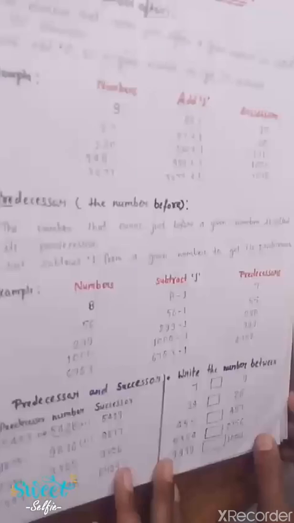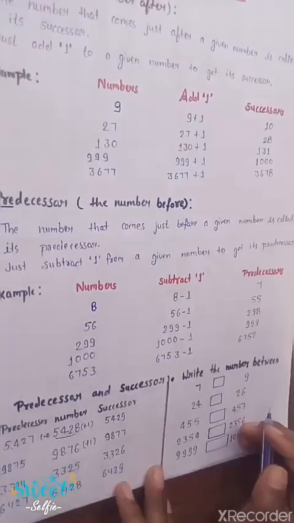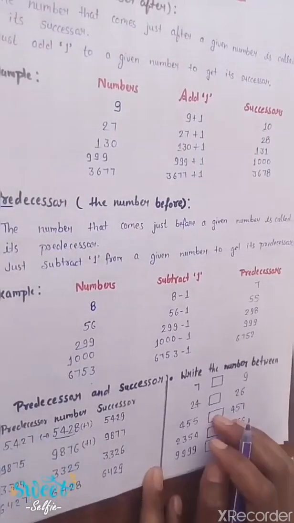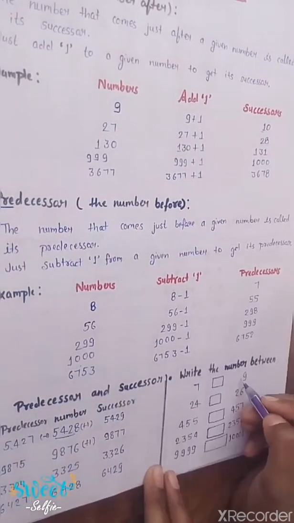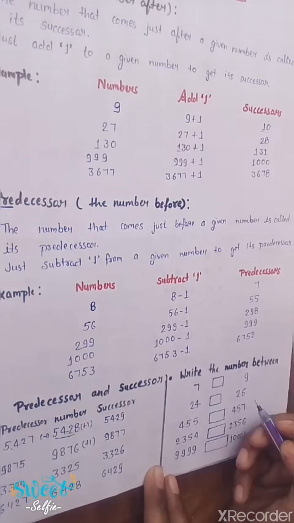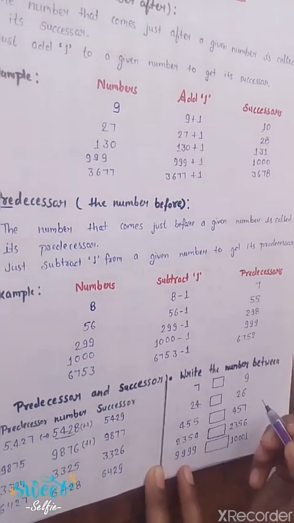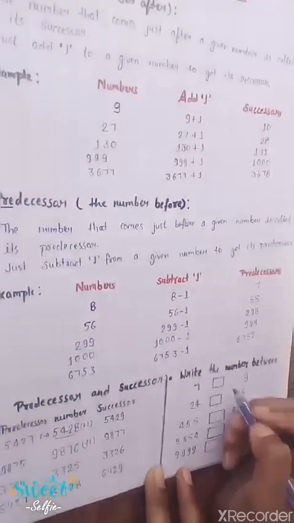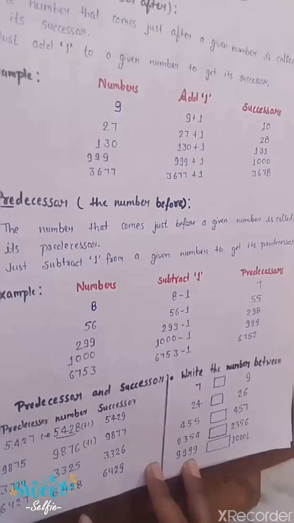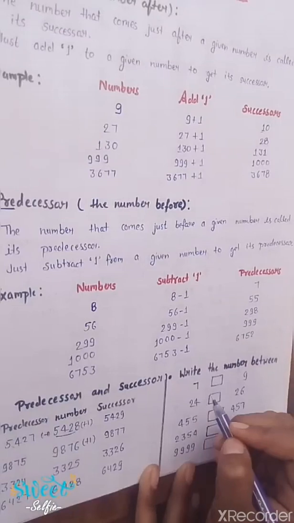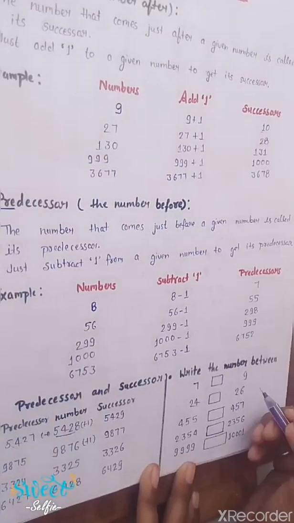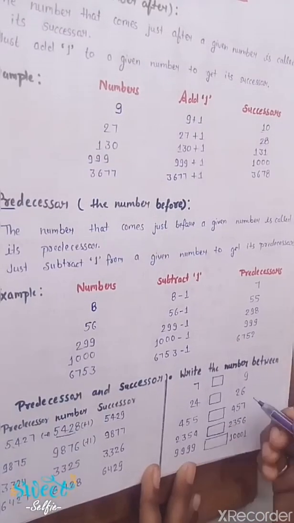And there is another question. Write the number between. It means the predecessor and successor of a number are given, and we have to find out the number.